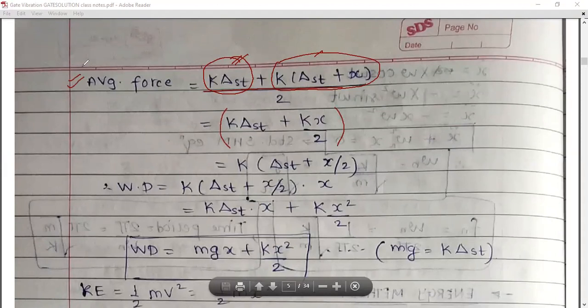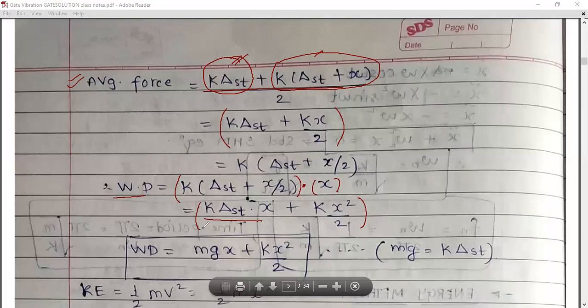So what is your work done? Force into displacement. So this is your spring energy, or strain energy, which can be written as k delta st into x plus kx square by 2.